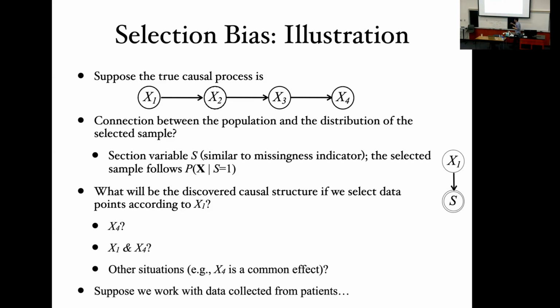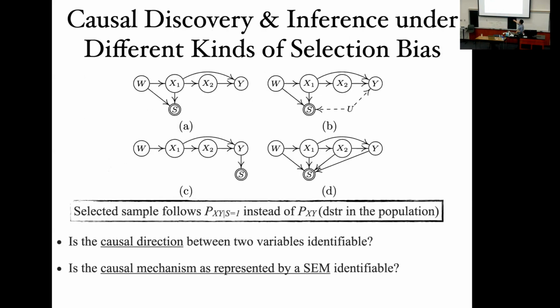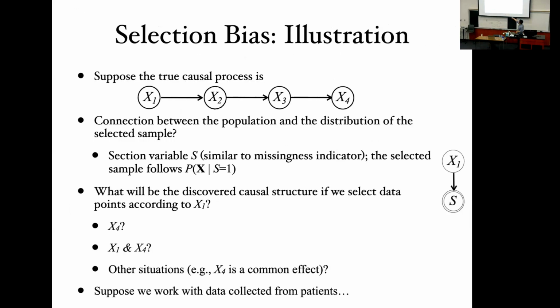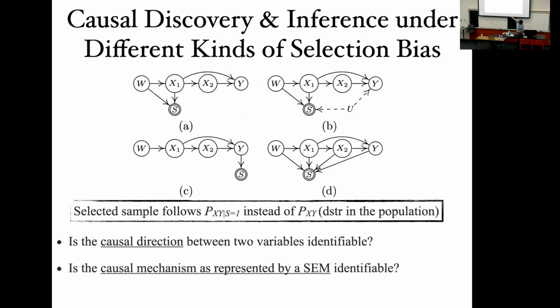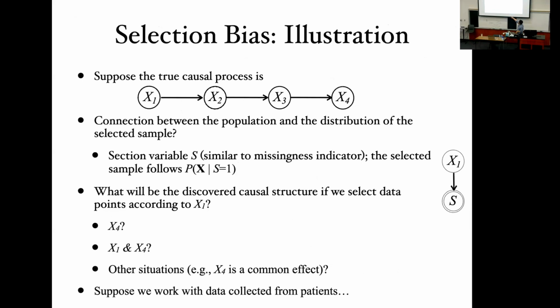So now comes the essential point. Maybe I should just give the next slide, and then you can see why we can do so. Oh, I gave it here. For the selected data points, you have a new distribution, which is the conditional distribution of the data given S equal to 1. So you always condition on S. Now, if you have X1 here and S here, I can just draw it.